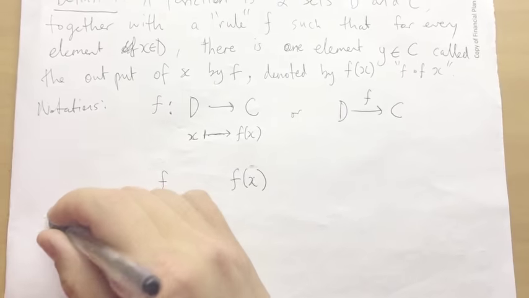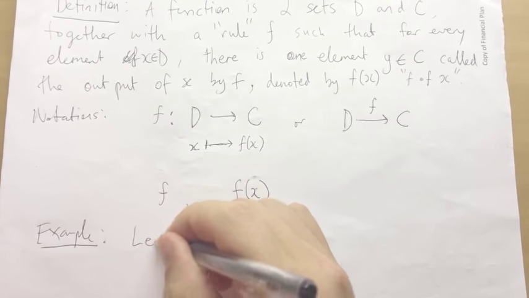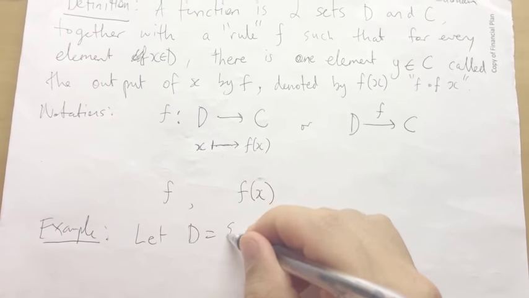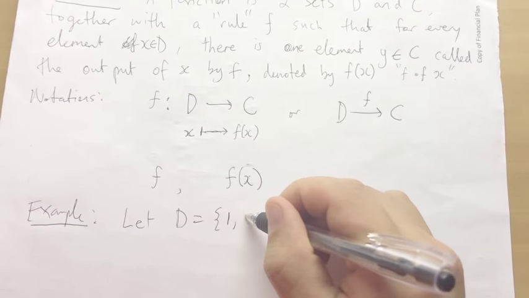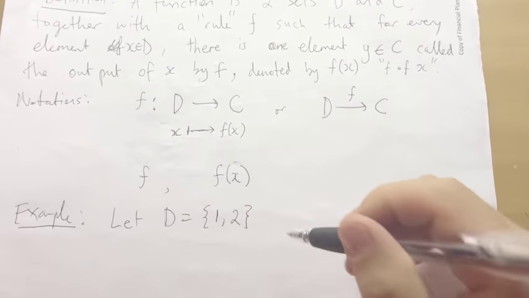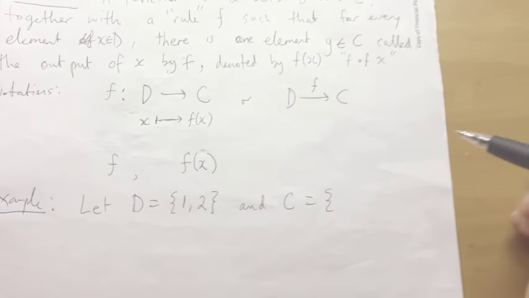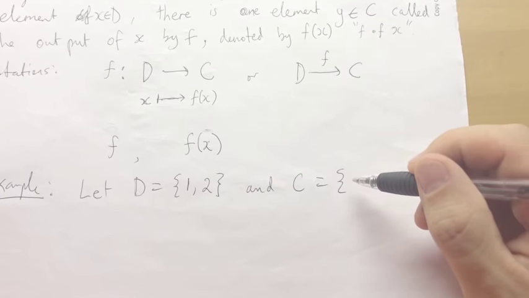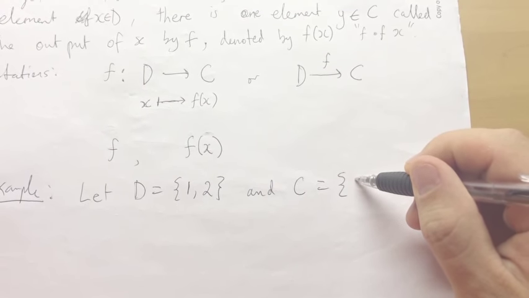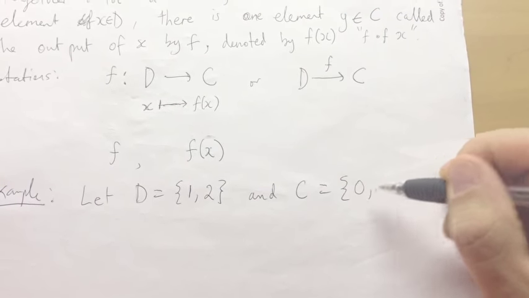So let D equal the set 1 and 2. Okay. And C equals the set 0 and 4. Okay.